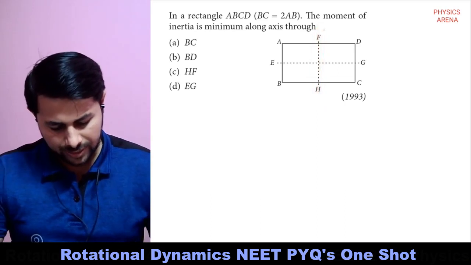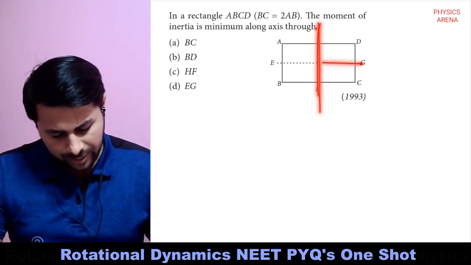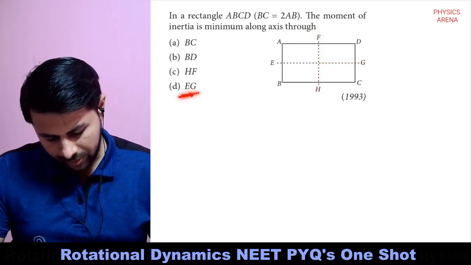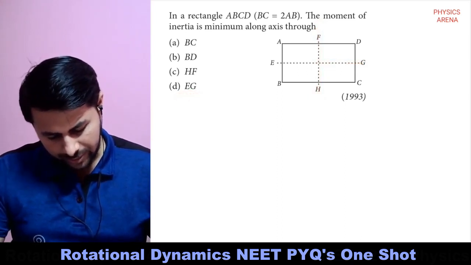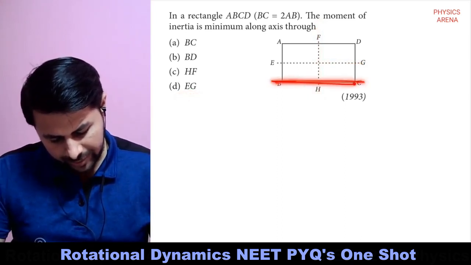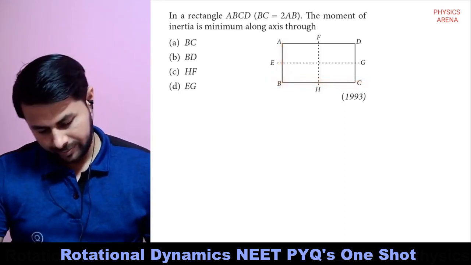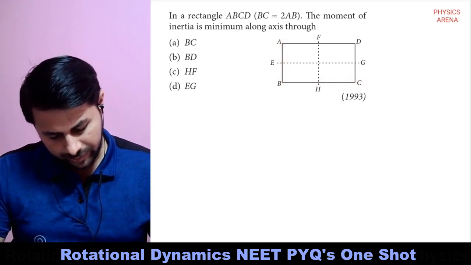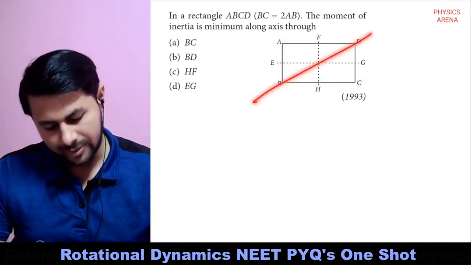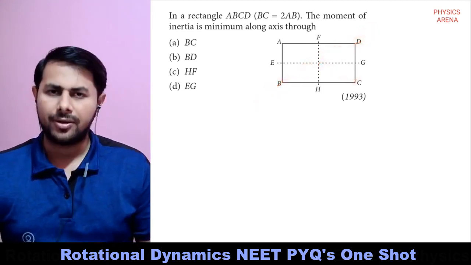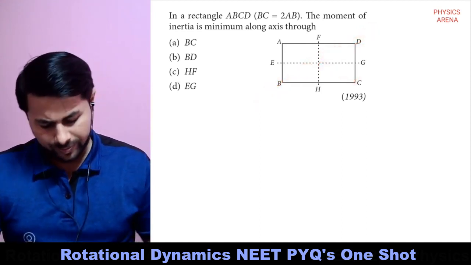Since for this one this length is more, compared to BC, where this length would be smaller. Take BD, where is BD? This is the diagonal, so this length would be more. So for this one, the moment of inertia would be more.